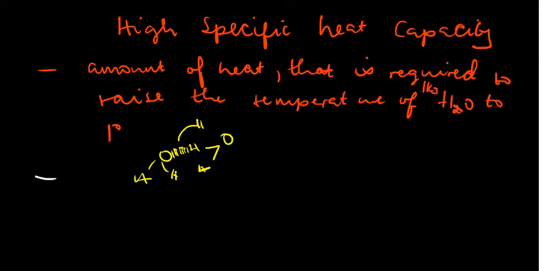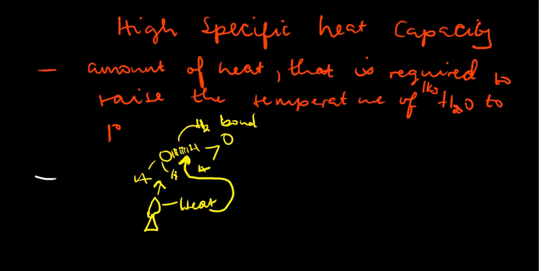So when you put water on a source of heat, instead of this heat trying to separate these two water molecules so that we can increase their kinetic energy and thereby increase the temperature by 1 degree, what happens is that this heat tries to break this bond.